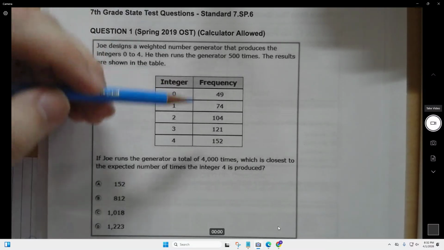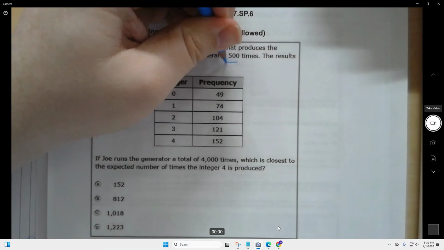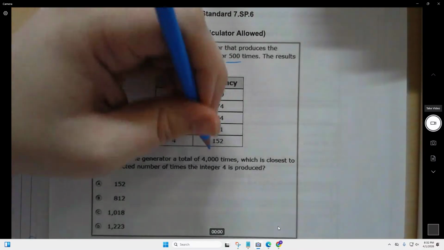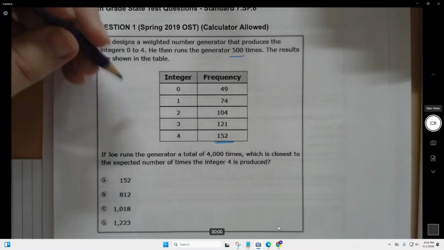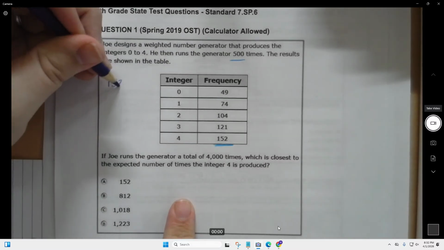So, we know that's run 500 times. And that integer 4 came up 152 times. Now, what you could do is figure out what percent of 500 152 is, and then multiply that by 4,000 to get the answer. Or, hear me out on this, you could say this is a ratio.